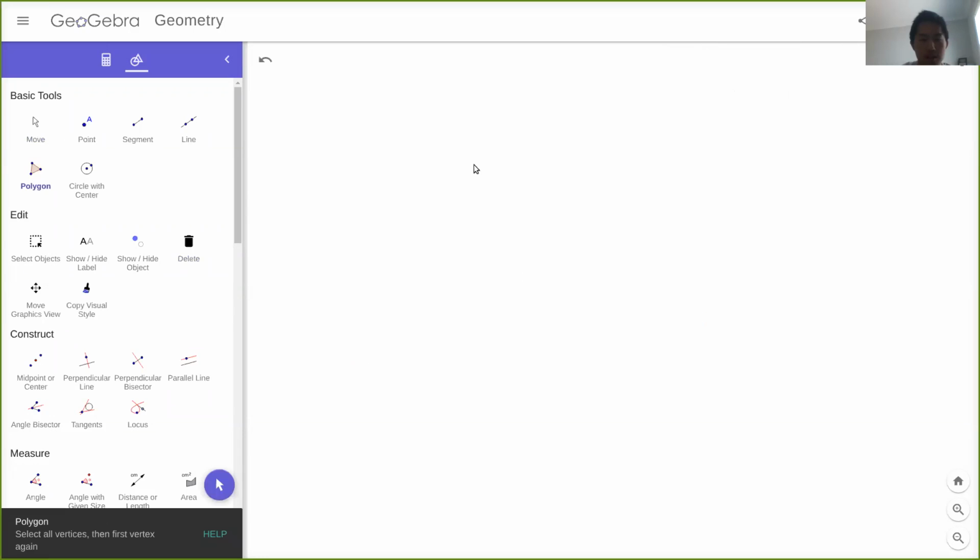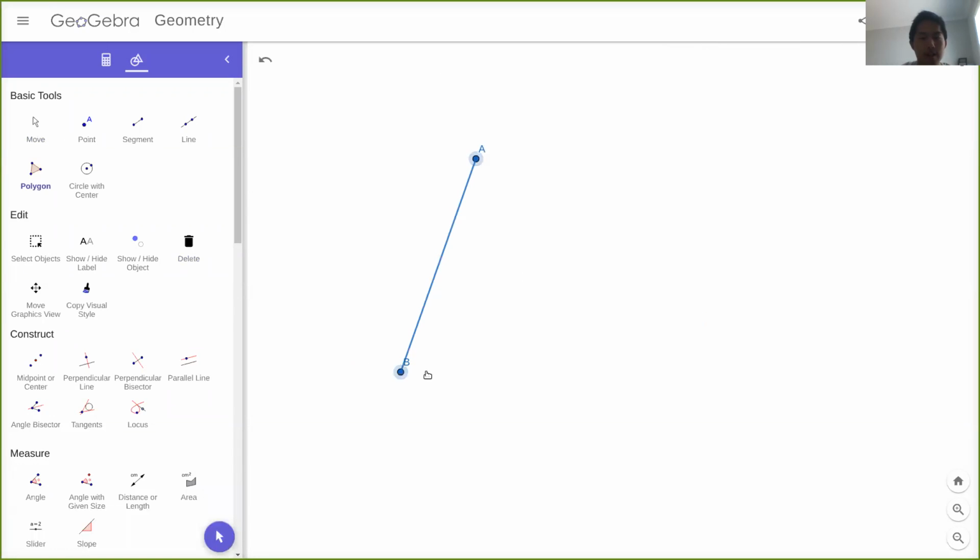Okay, so we start with a triangle A, B, C. And what are some interesting points that are determined by ABC?